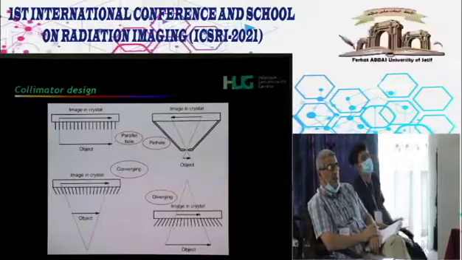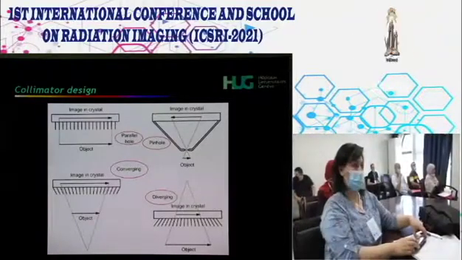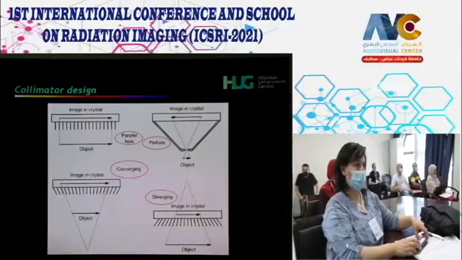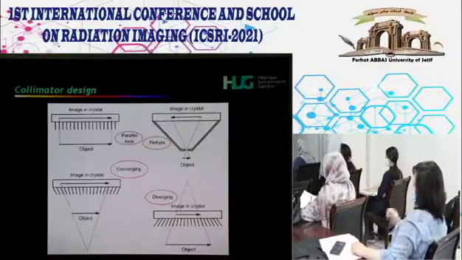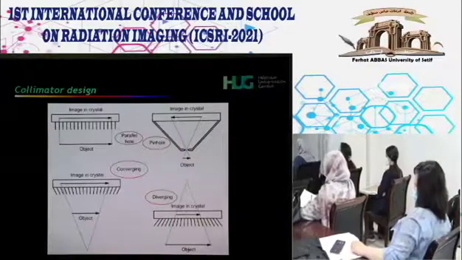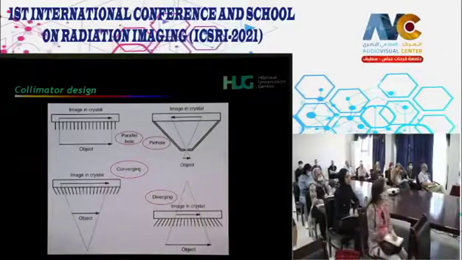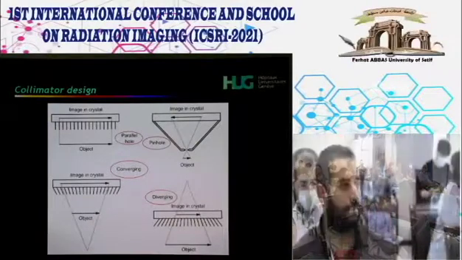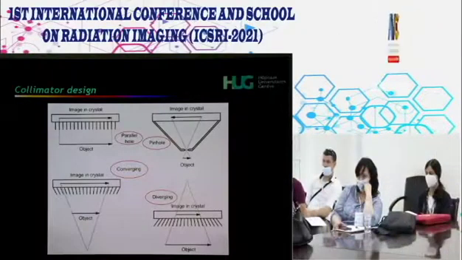There are basically four different geometries. The planar geometry is the most widely used. There is a direct correspondence between the object size and what you see on your screen, on the image. And there are other types of collimators, like the pinhole collimator, sténopé in French. It inverts your object on the screen, and it has a significant zoom factor.